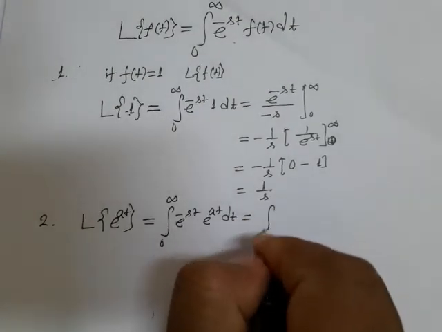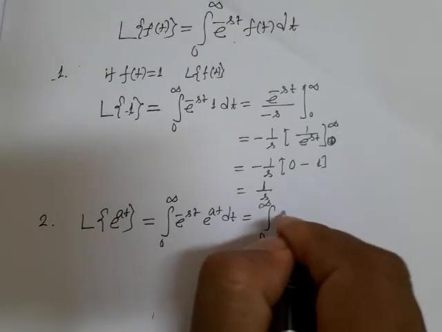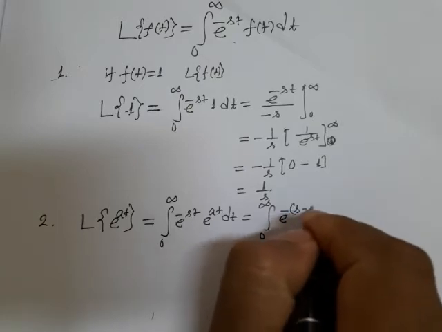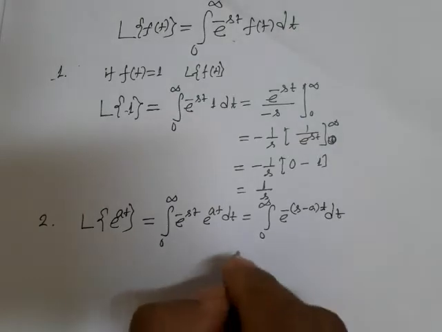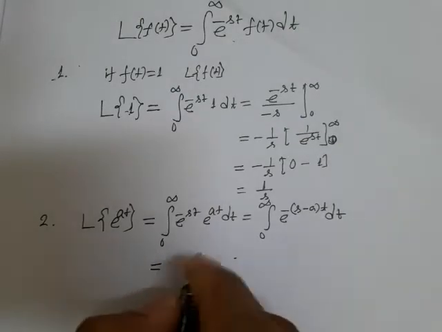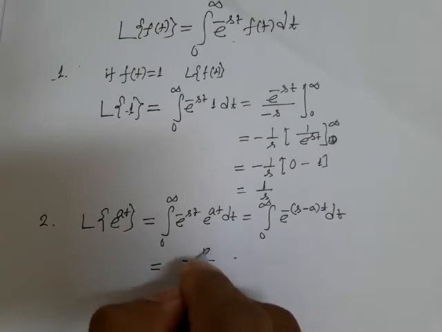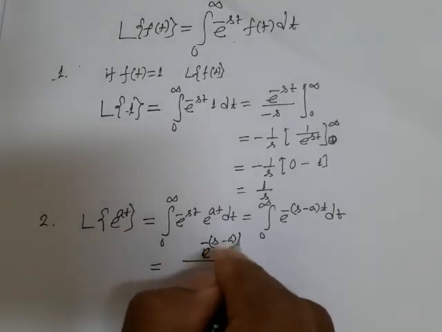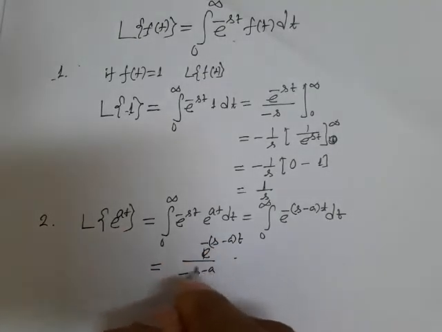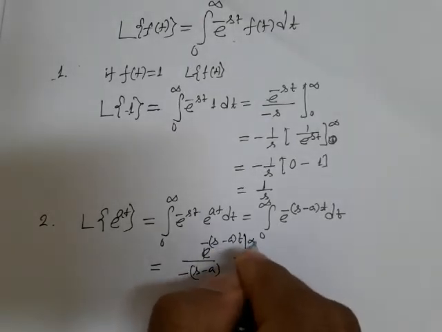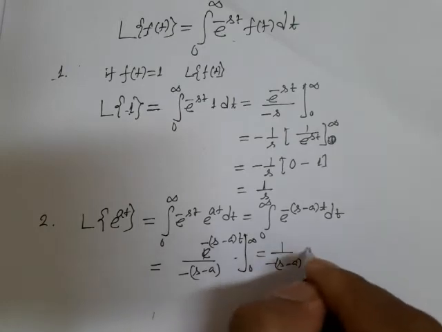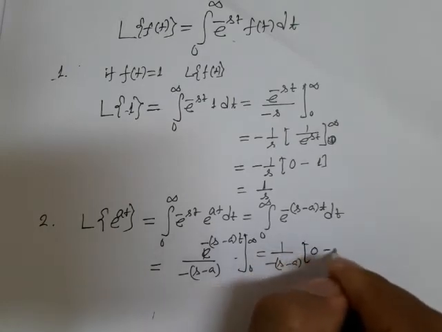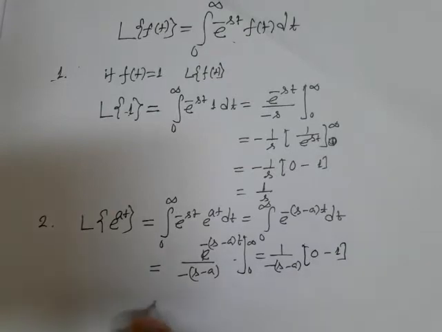We can write this as the integral from 0 to infinity of e to the power minus (s minus a) t dt. After integrating, you will get e to the power minus (s minus a) t by minus (s minus a), from 0 to infinity. Putting in the limits, you will get 0 minus 1, so the result is 1 by s minus a.